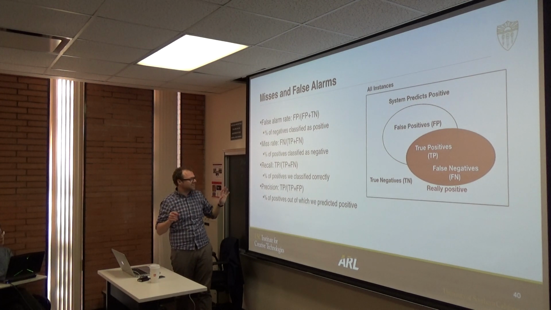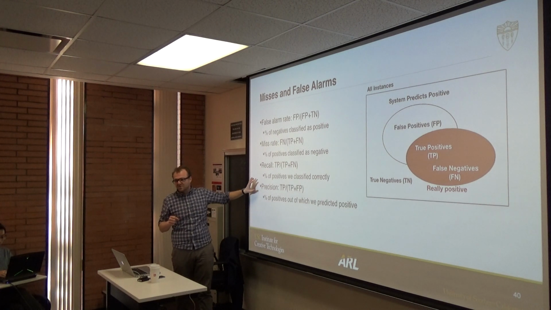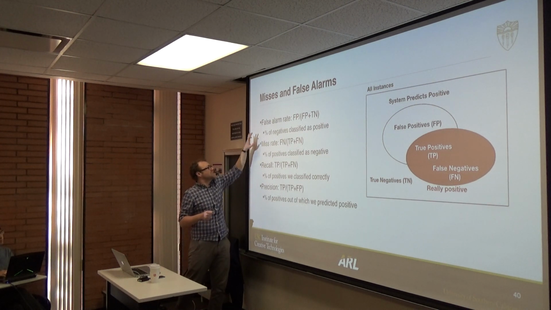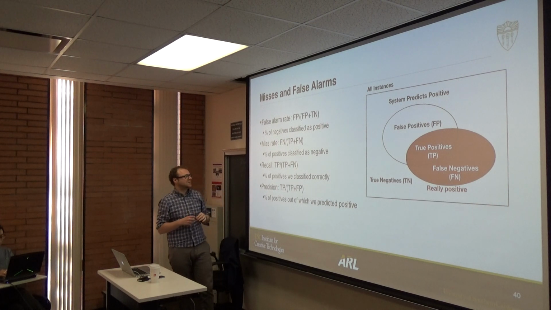What's also very important is you never want to just report one of the two. They make no sense alone. Okay, they always have to come in pairs. So you can report these two, or you can report these two. All right. So does that make sense?